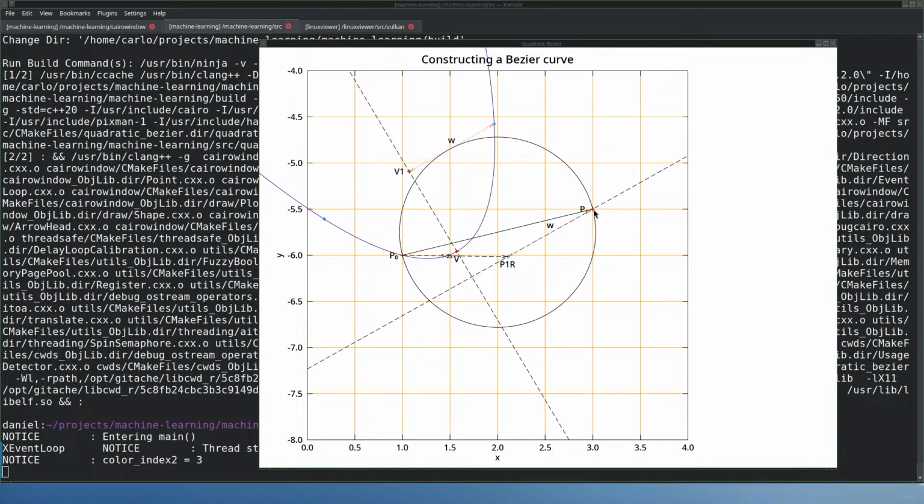And I think the error here is that I just have the wrong formula for calculating S. In fact, I have the wrong formula for calculating W. I think what I calculated is the coordinates relative to the center of the circle, of that point on the circle.